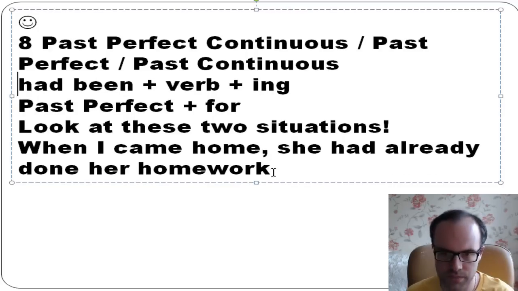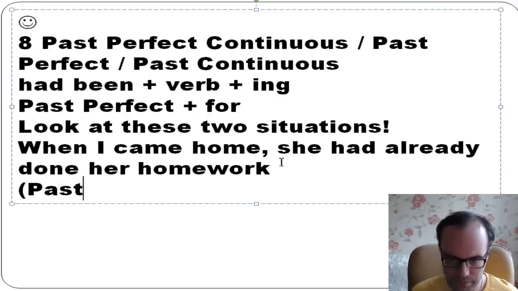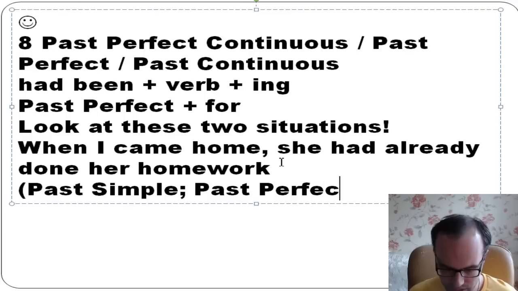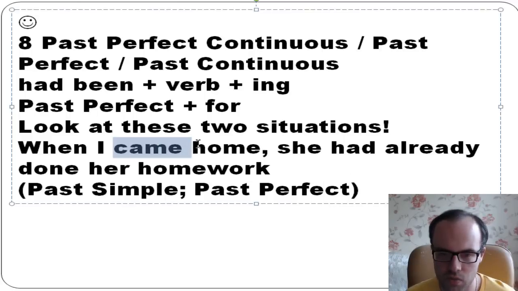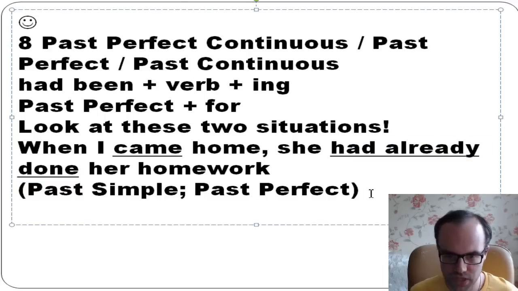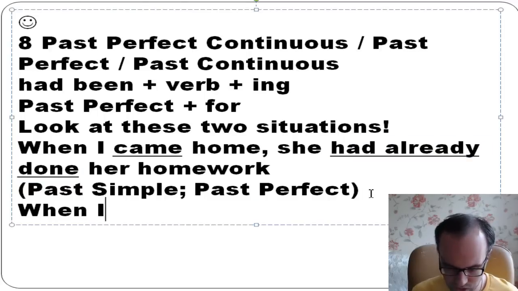You see that we have past simple and past perfect. I came home, it's about the past, and the second action happened earlier, so we use past perfect: had already done her homework.